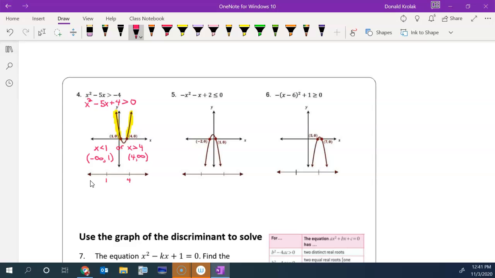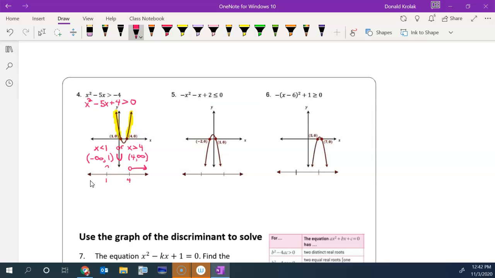Now the word or, we use the upside down or the letter U. When we see that, that just means or. The way that I would represent this on a number line is right above the 4. Since it doesn't have an equal sign, I draw an open circle and then an arrow going to the right.